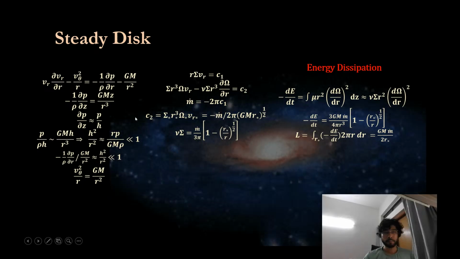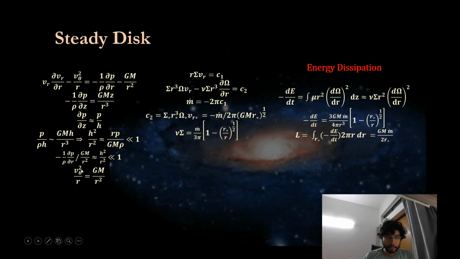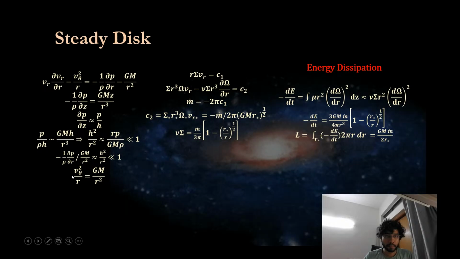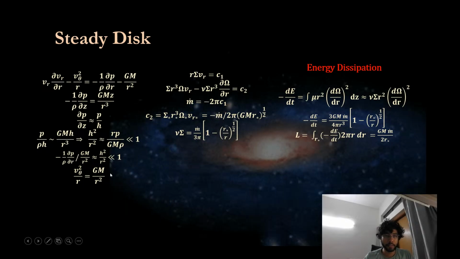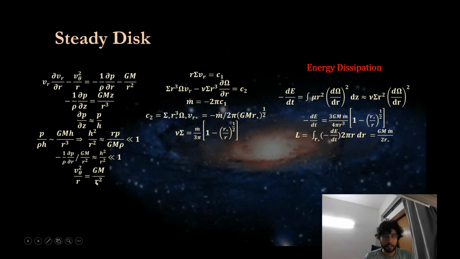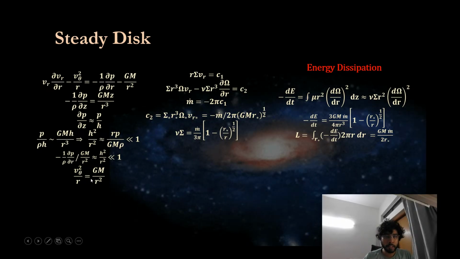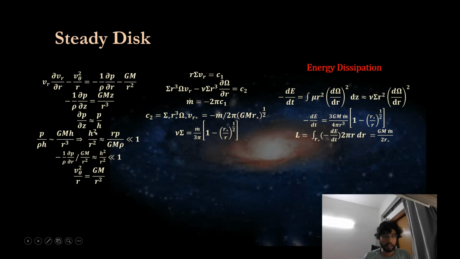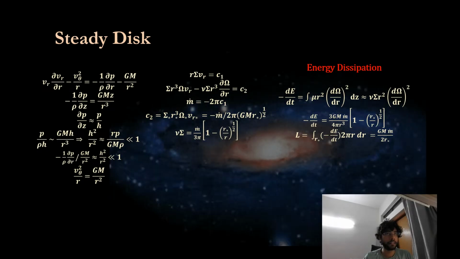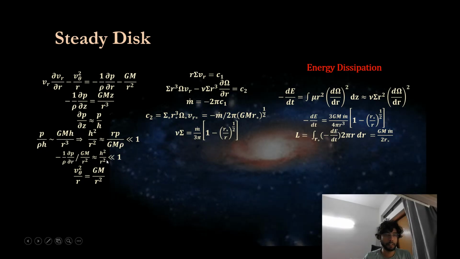So this is just the Keplerian motion equation, which states that the centrifugal force is balancing the gravitational force. You can see that from the thin disk approximation, the radial momentum balance equation gets reduced to something very simple, which we already know.